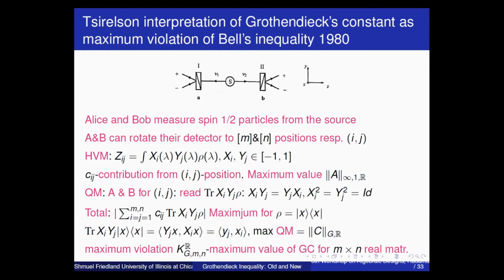And so now, what are the Bell inequalities? Okay, so we are going to go like Einstein, Podolsky, and Rosen. We are going to do a hidden variable model. If you do a hidden variable model, then you have Z_ij, which is the expected value of x_i(lambda) y_j, two random variables which take values plus minus 1, because these are the photons, left or right, plus minus 1.